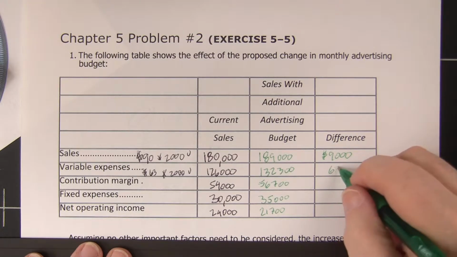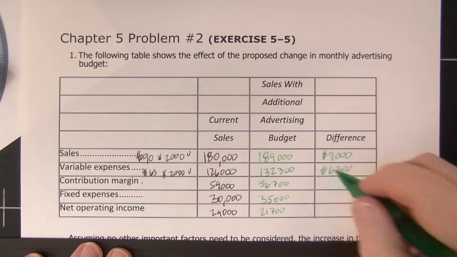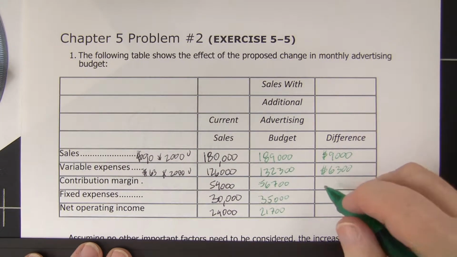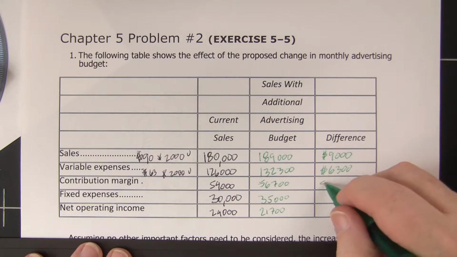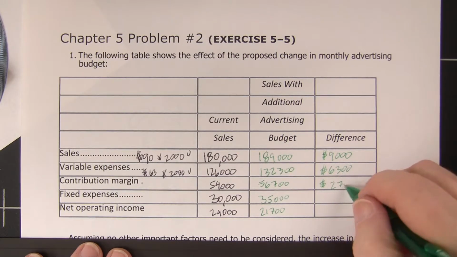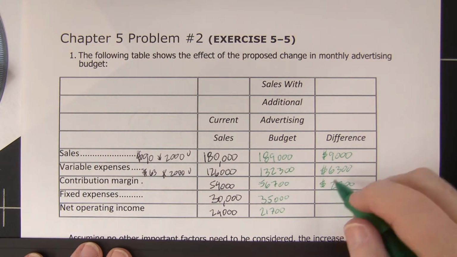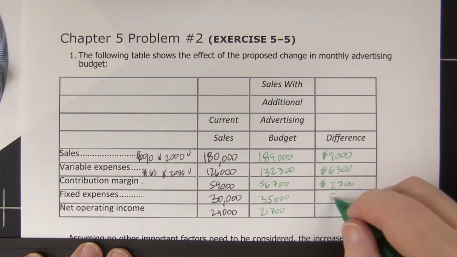Looking at this incrementally, looking at just the difference, we have $9,000 difference in sales. We have $6,300 difference in variable expenses. Our contribution margin, we have a $2,700 difference. Our fixed expenses go up $5,000.